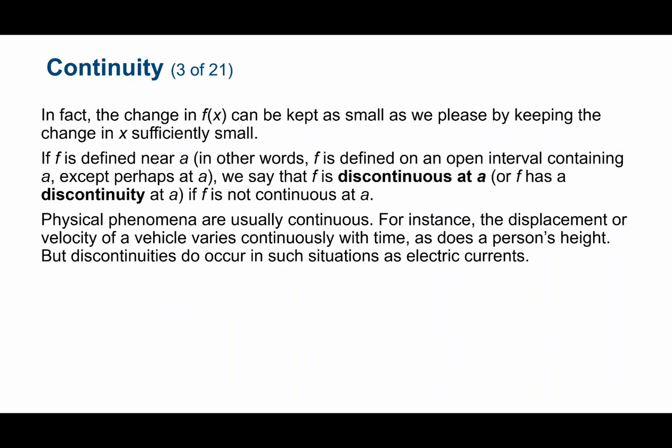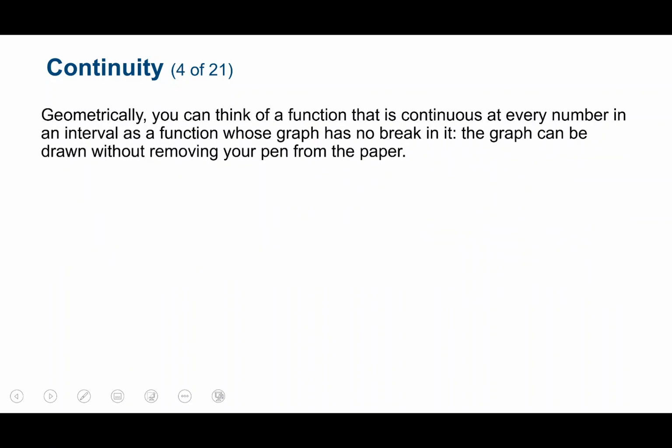So let's think about the graph of a continuous function geometrically for a second, and then we'll come back and we have a really plain English description of what it means for a function to be continuous. Put your pencil down on the paper.